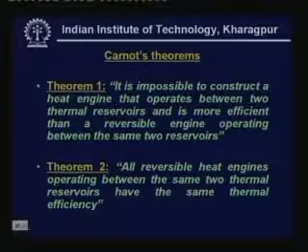In simple words, let us say that we have two thermal reservoirs, one high temperature reservoir and one low temperature reservoir, and between these two reservoirs, just as I have shown you the heat engine, two heat engines are operating, let us say, and one heat engine is reversible and the other heat engine is irreversible. Now what do we mean by a reversible heat engine? An engine is said to be reversible if all the processes are completely reversible.